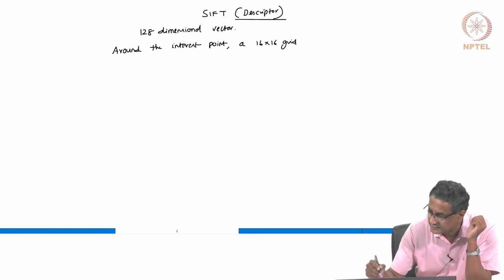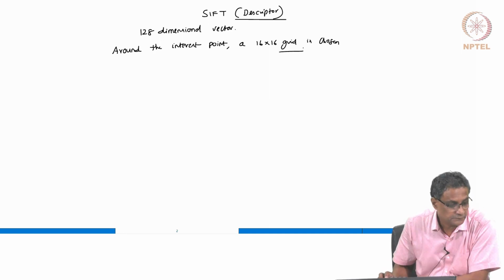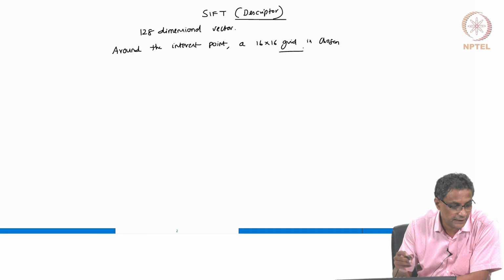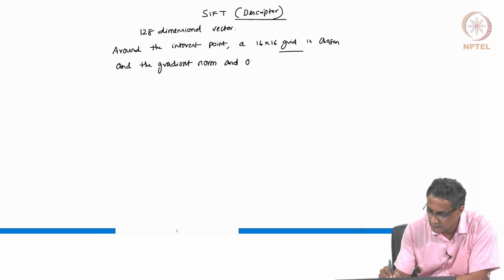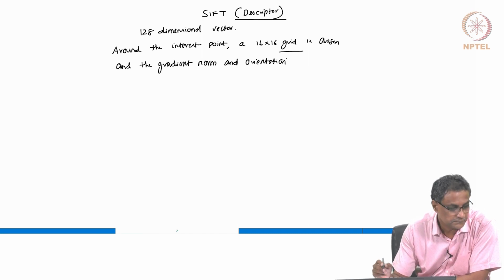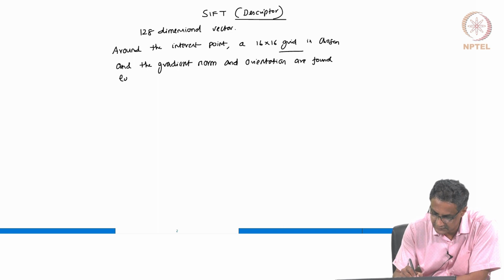A 16 cross 16 grid is chosen. This is not in pixels. The gradient norm and orientation are found for each of the pixels within that grid.